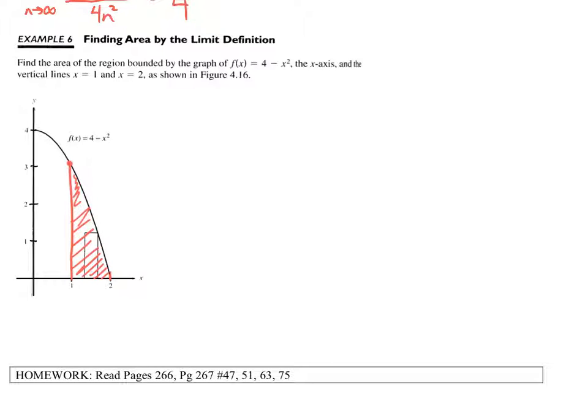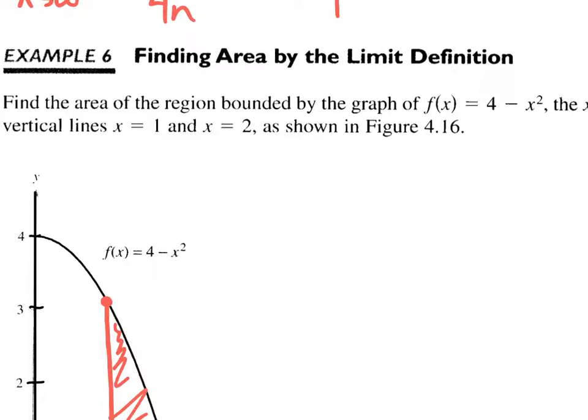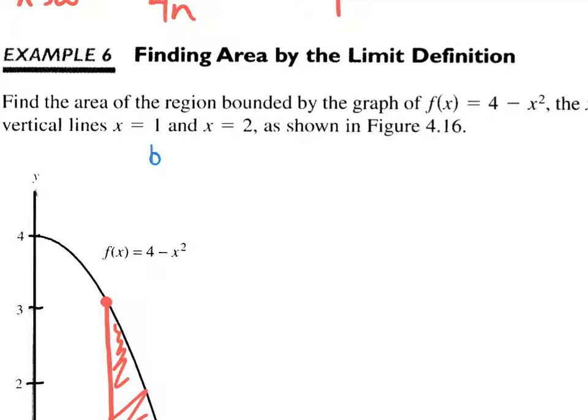Alright, so let's talk about the different parts of our formula. First thing here is b minus a over n. b is 2, a is 1, so we have 1 over n. And no, it's not always going to end up being 1 over n. But we do have this one.